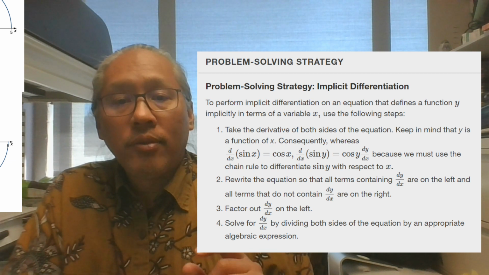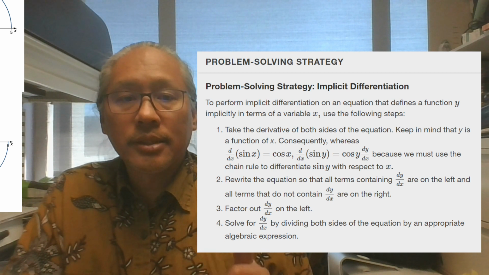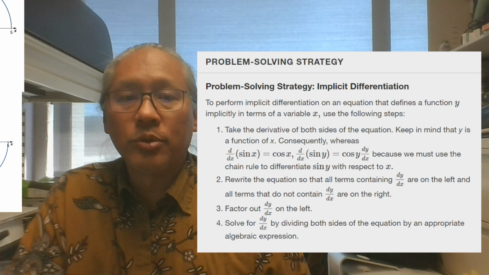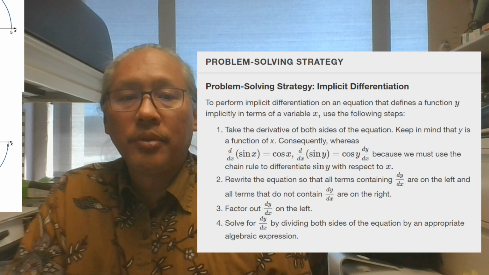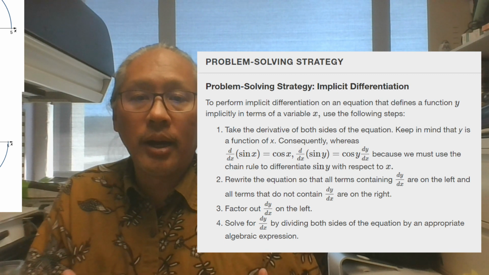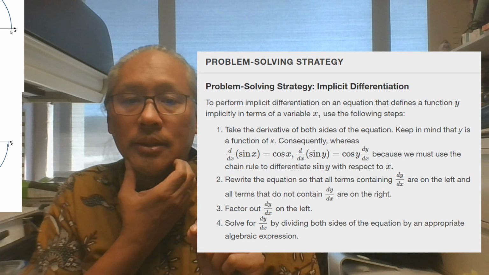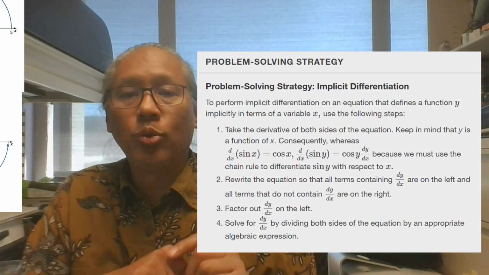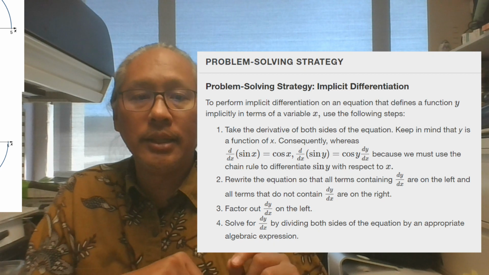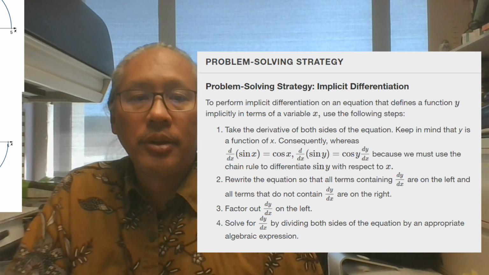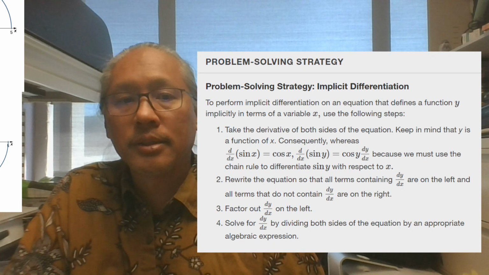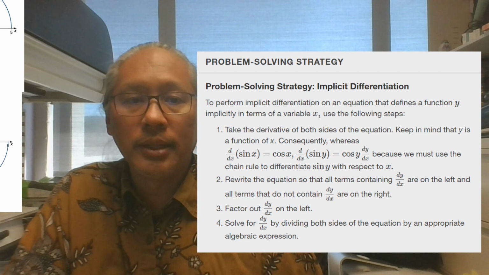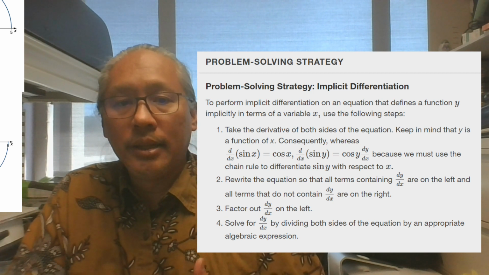However, if you have a y inside of that function, like a sine y, and you want to take the derivative with respect to x, then the derivative of that is going to be cosine of y times, the chain rule tells us, we have to take the derivative of what's inside, which is dy dx. So the derivative of sine y with respect to x is going to be cosine y times dy dx. So that's the idea with a chain rule.